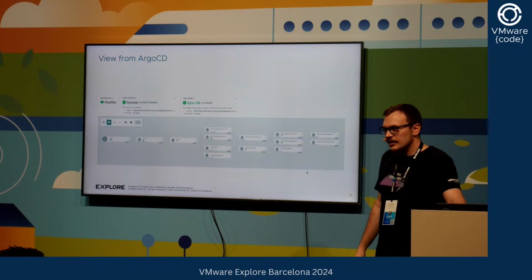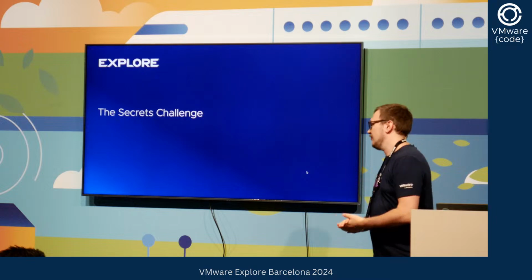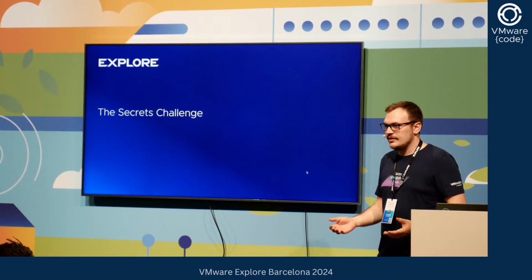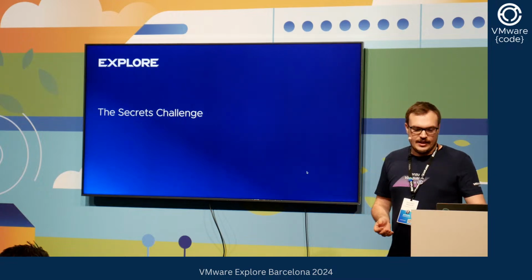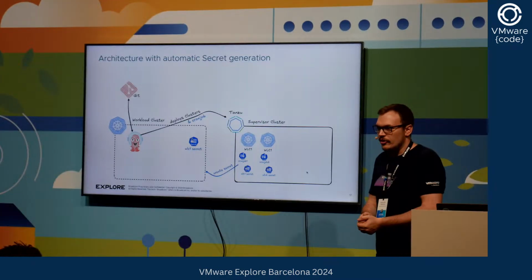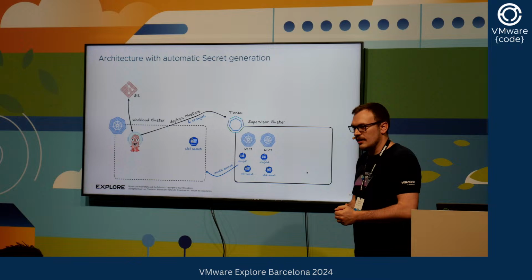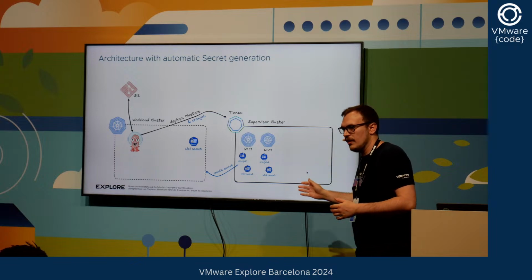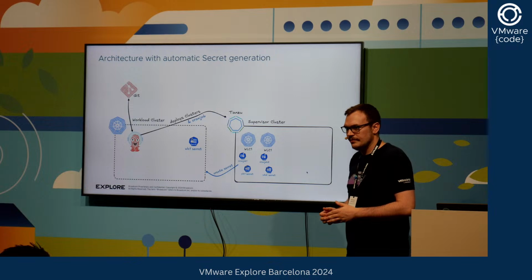So the biggest challenge is what we're talking about next, which is the secrets challenge, because you need to authenticate in the workload cluster, and you don't want to have secrets in Git repositories. That's where something comes in really handy with the newest vSphere Supervisor version. You can also run pods on the supervisor cluster, so vSphere pods, without the need for NSX-T.